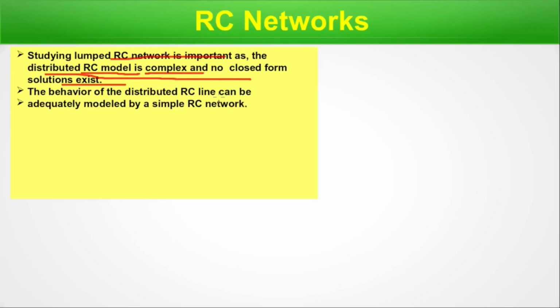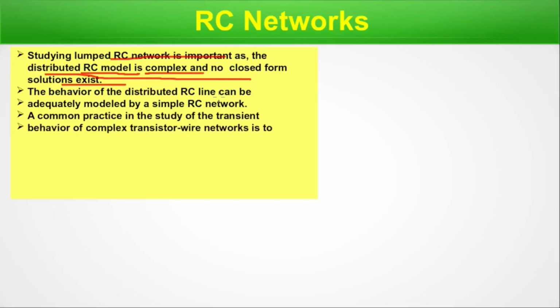So when the model is accurate but solving it is complex, we go for another approximation. We approximate it as a simple RC network and then try to find the solution. A common practice in the study of the transient behavior of complex transistor wire networks is to reduce the circuit to an RC network.